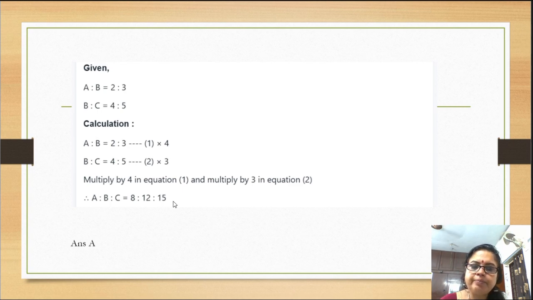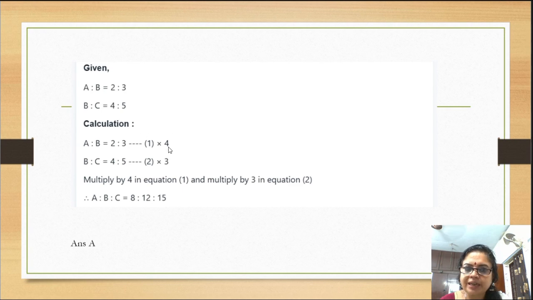So what we are making here is, if you look at the ratio of B, when we multiply 3 into 4 you get 12. Here also 4 into 3 you get 12. So the B ratios are getting similar here. Thereby you can correctly say A is to B is to C, because the B value is the same in both the cases. So multiply in a suitable manner.